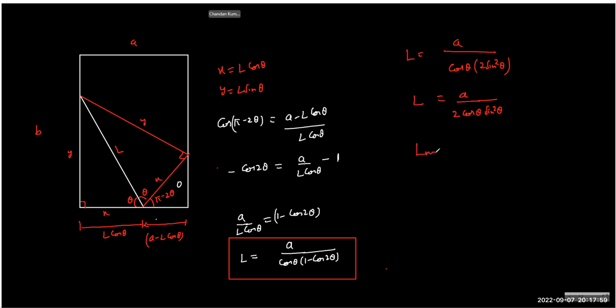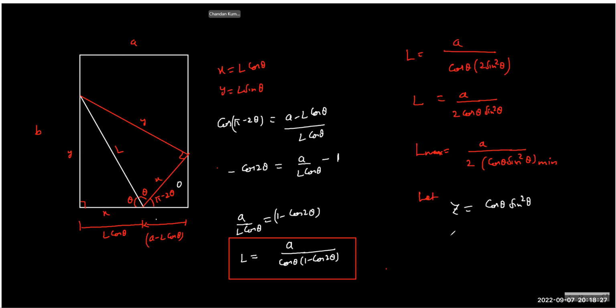So L max is similar to the question of minimizing this term of cos θ and sin² θ, right? If you want to maximize L, then the denominator must be minimum. So let Z be the cos θ and sin² θ term, and we are trying to minimize this entire term.